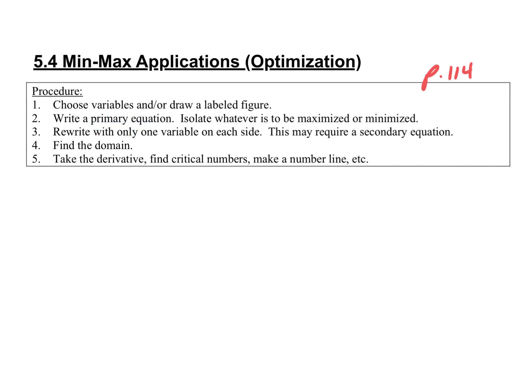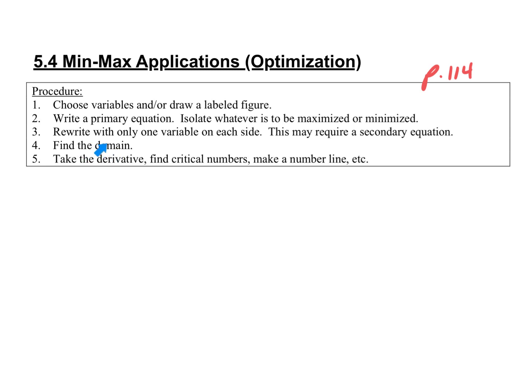You're going to usually end up with two equations, and you're going to isolate whichever variable you're trying to maximize or minimize. You're going to rewrite so that we're going to take this primary equation, and you're going to probably have a second equation that you're going to insert that rearranged equation into.